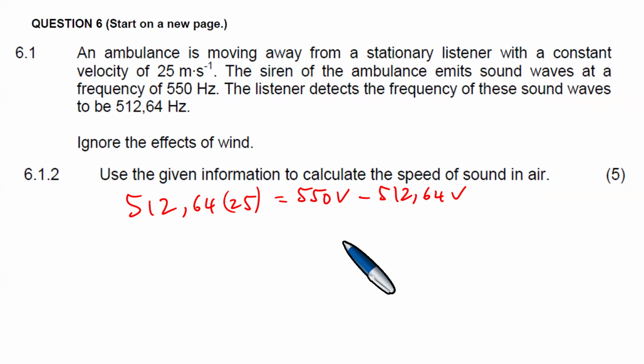You are able to get 550 V minus 512.64 V, which is 37.36 V. You can do that quickly.